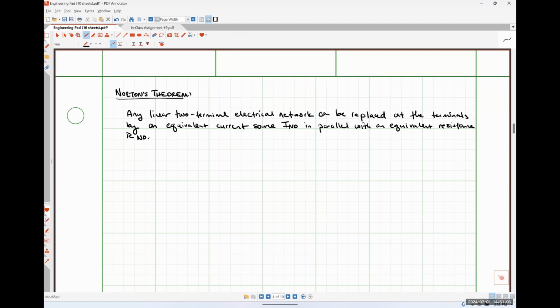So let's talk about how our Norton current and our Norton resistance are defined.